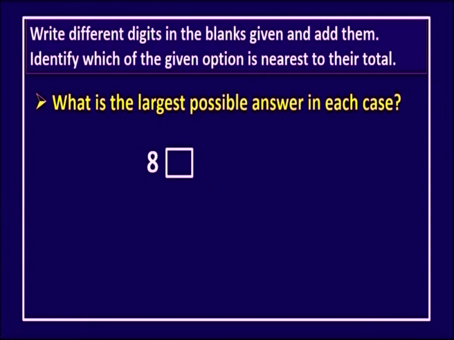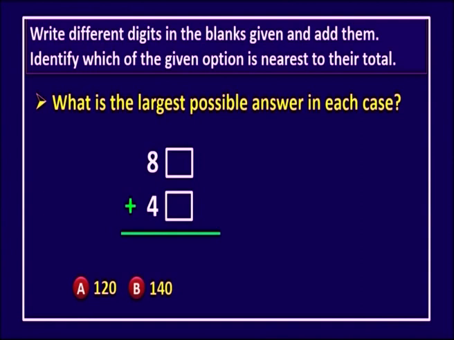Then another 2-digit number, where in tens place we have 4, and there is an empty box in the ones place. We have to add these two numbers and get the largest possible answer. The options are A 120, B 140 and C 40.